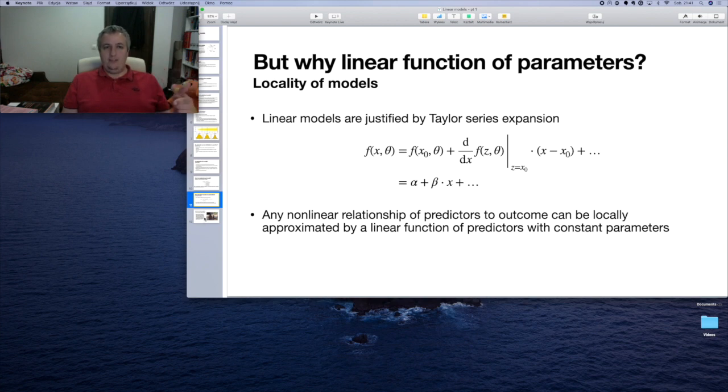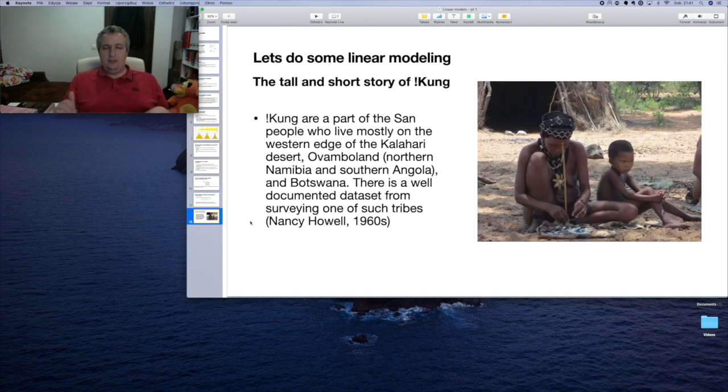We will start with a very simple anthropological model, which I will tell you about in the next video, covering the heights and weights of a certain ethnic group called the !Kung, who are living on the edge of the Kalahari Desert in Africa. They are a very isolated group, so they are very interesting for some kind of analysis because there will be no heterogeneity in this dataset.